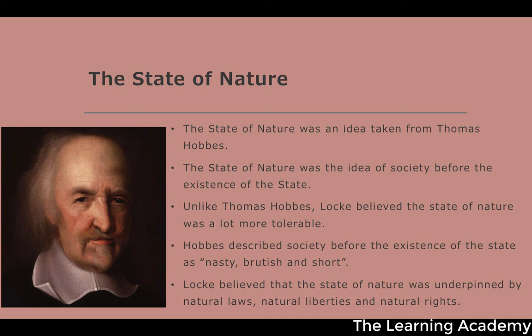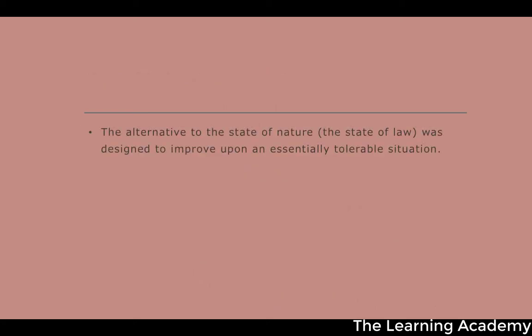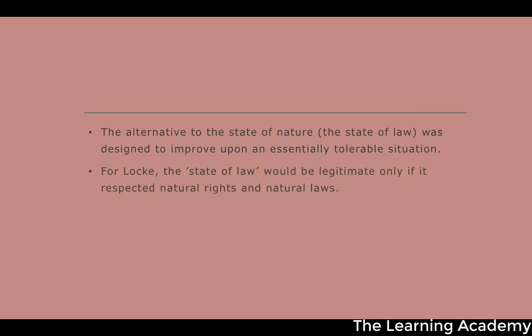It's actually things like natural laws, natural liberties, and natural rights that underpin society. So the alternative to the state of nature, the state of law, was designed to just improve upon what Locke believed was essentially a tolerable situation.